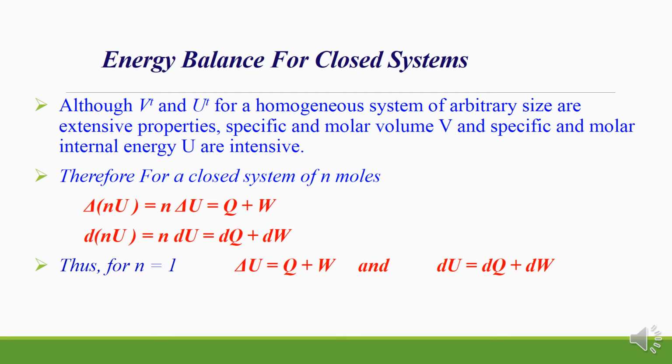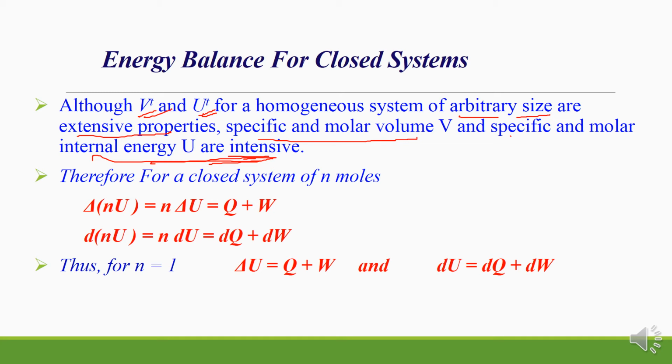Again, if you continue like this, here if you see, this is total volume and this is total internal energy for a homogeneous system, which we have already discussed earlier. Of any size, these are extensive properties, and specific or molar volume or specific or molar internal energy are the intensive properties. I think in the previous slide we have discussed this.